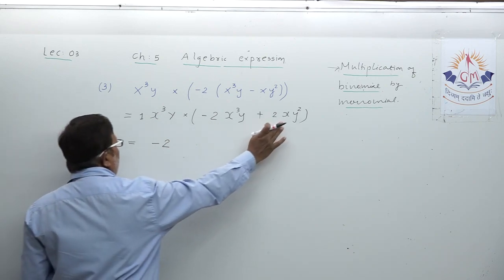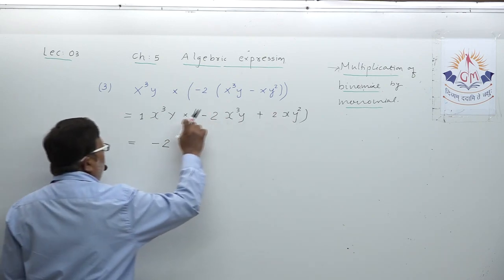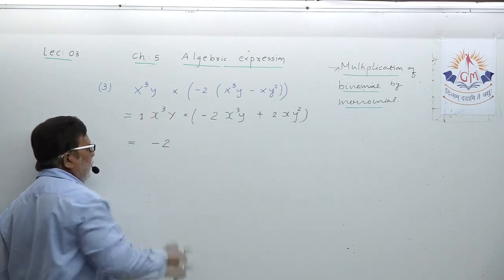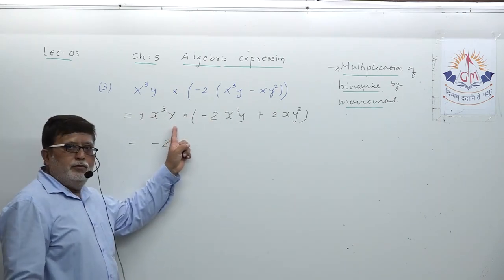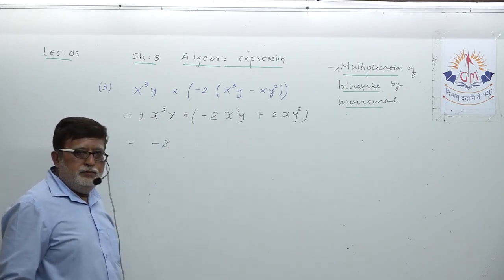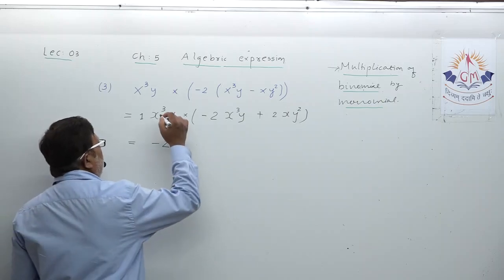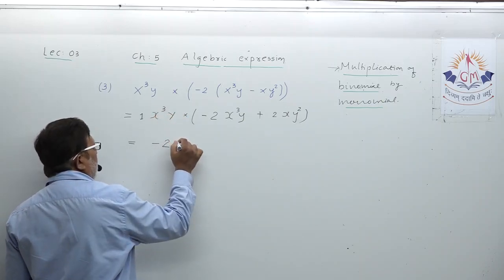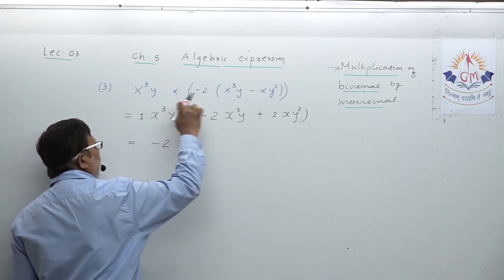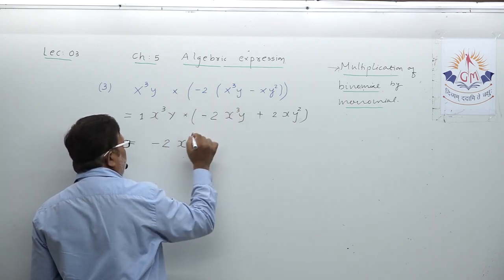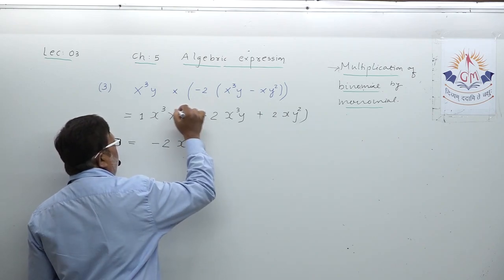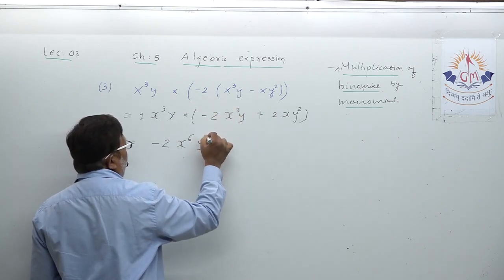Don't worry about this term now. Your complete concentration has to be on these two terms only. Okay. Minus 2. How will you multiply the variable? Here 3, here 3. 3 plus 3, 6. No power here, 1, 1 plus 1, 2.